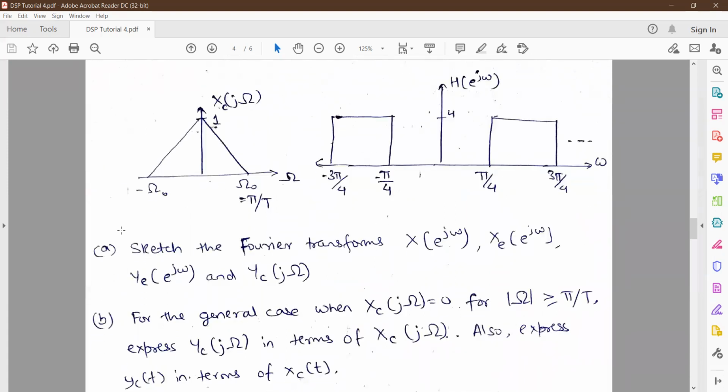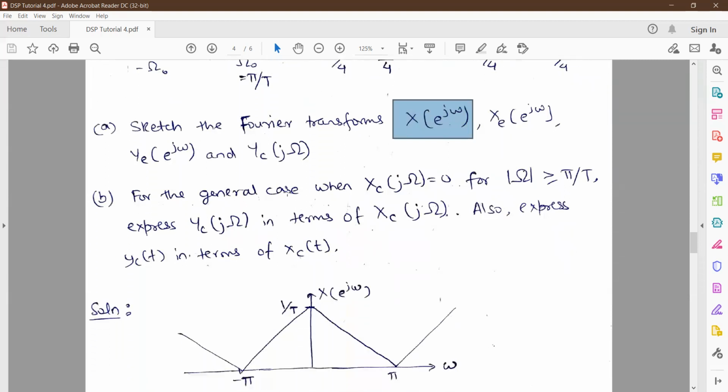First of all, let us sketch these signals. X(e^jω), which is the Fourier transform of x[n].